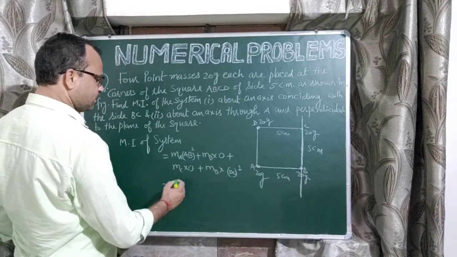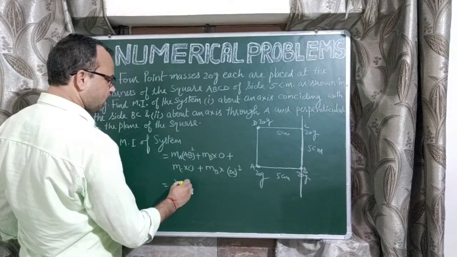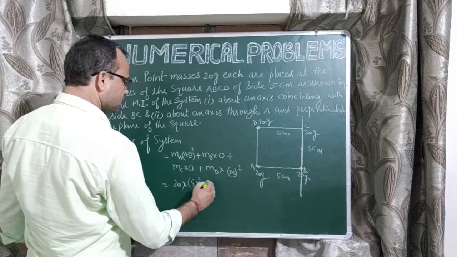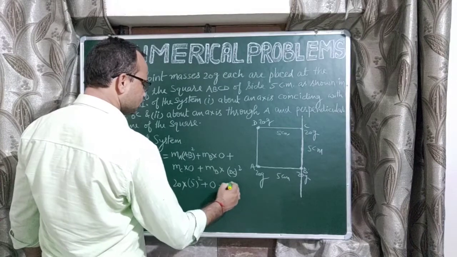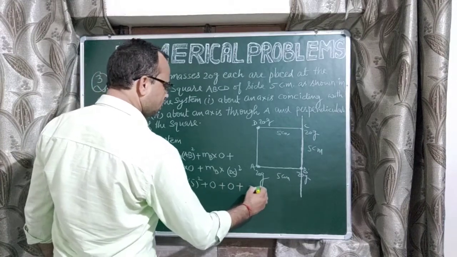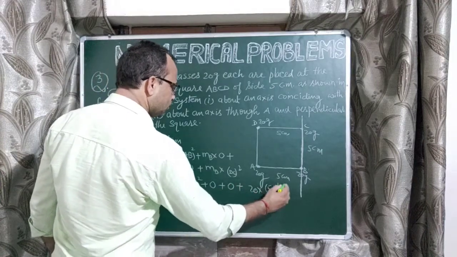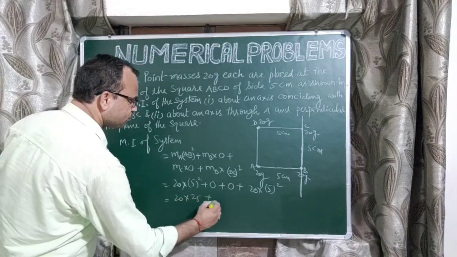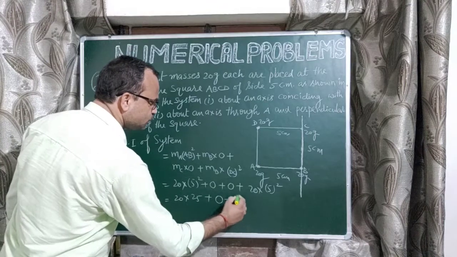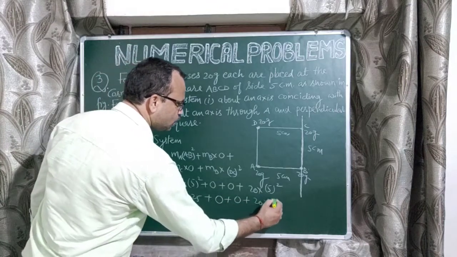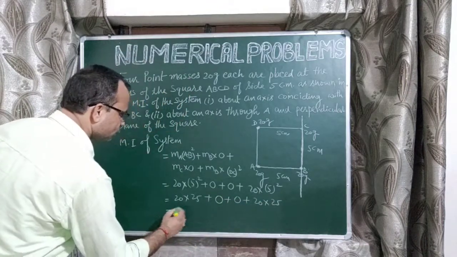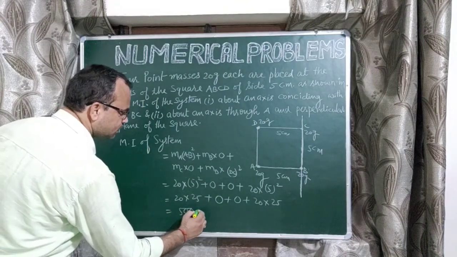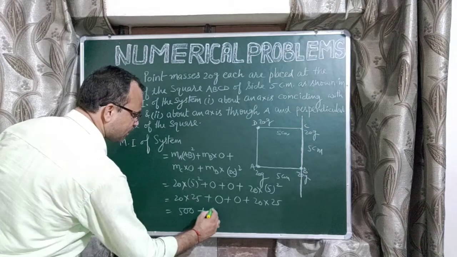Now substitute the values. Mass is given as 20 gram, AB distance 5 square, plus 0 plus 0 plus 20 into 5 square, right? So 20 into 25 plus 0 plus 0 plus 20 into 25, that is 500 plus 500.